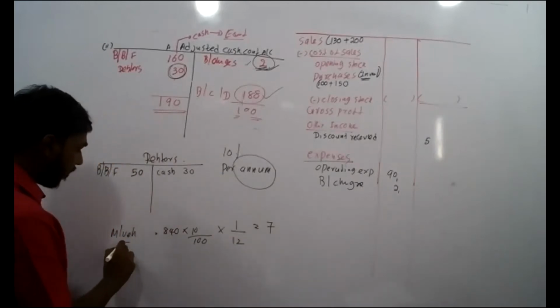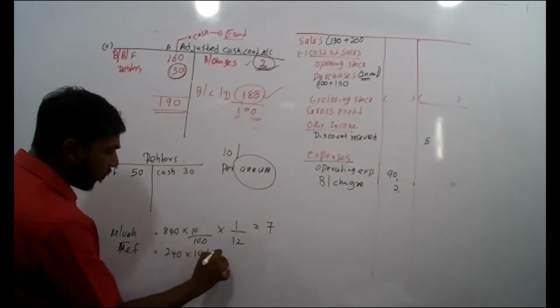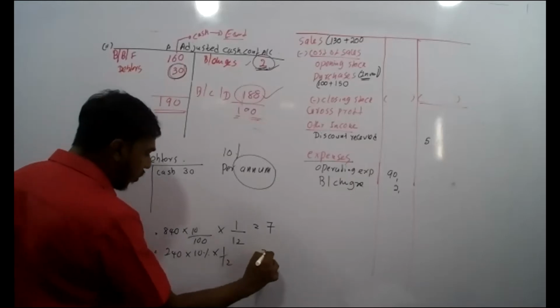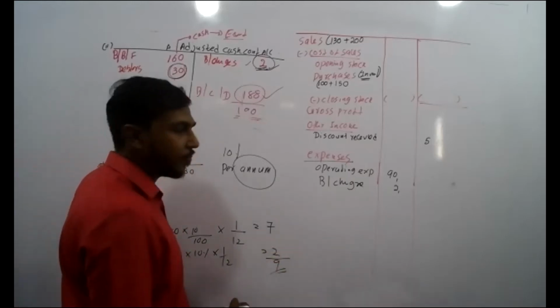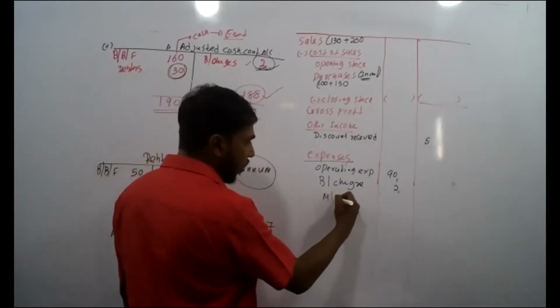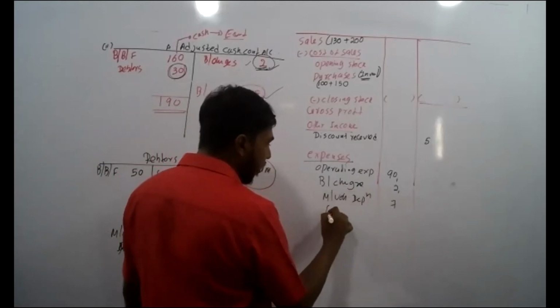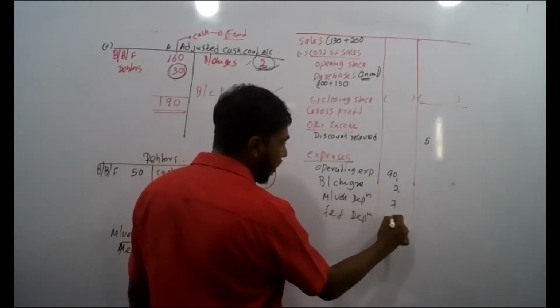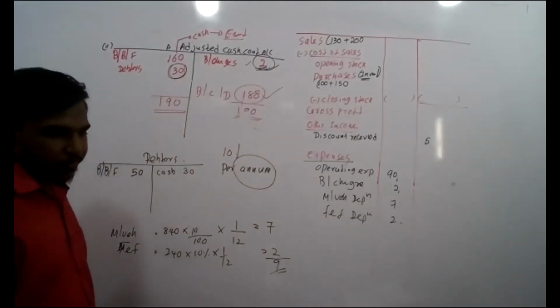Then furniture and fittings was how much? 240, 10% into 1 over 12, you will get 2. Then altogether depreciation is 9. So here motor vehicle depreciation is 7 and furniture and fittings depreciation is 2. Clear? So that's how it comes.